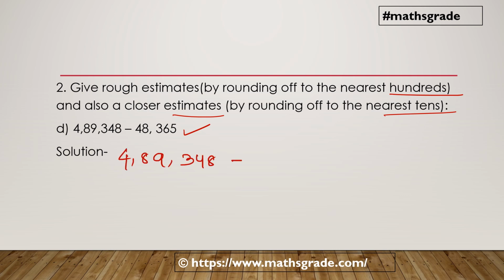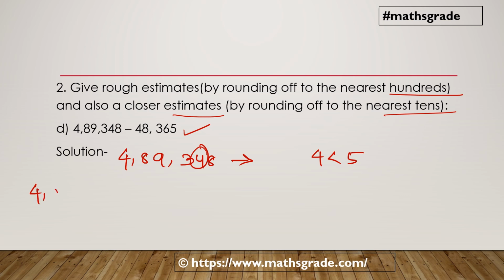So 4,89,348 rounded off to the nearest 100. First look at the tens place digit. Your tens place digit is 4, and 4 is less than 5. So we don't add 1 to the hundreds place digit. Write down 3 as it is and 0 in the tens place and unit place digit. That is 4 and 8 change to 0.